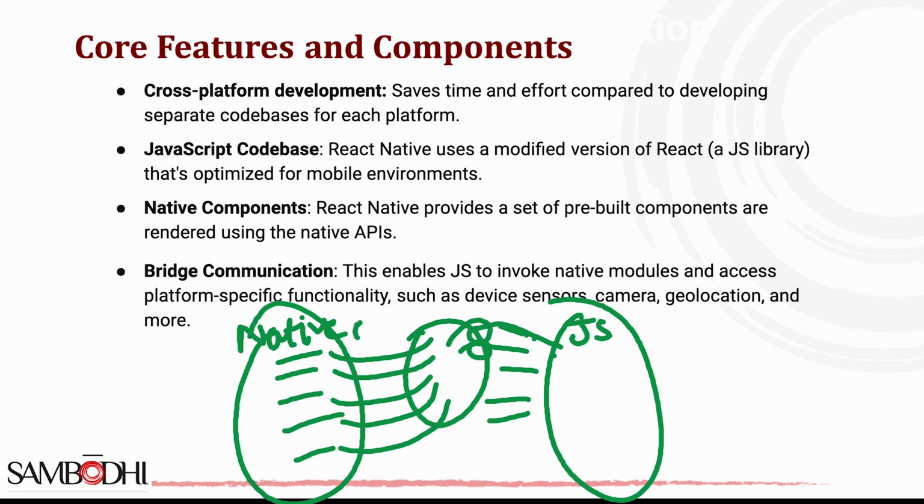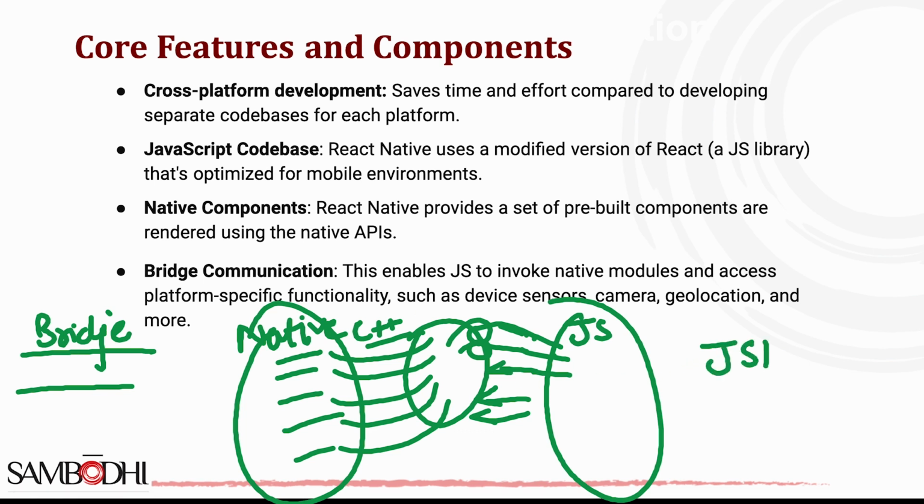All of this is exposed using C++. Using this object, the JavaScript side can access everything, and not much serialization and deserialization is needed, which was required in the bridge architecture. So this is about the new JSI, JavaScript Interface architecture, using Fabric.